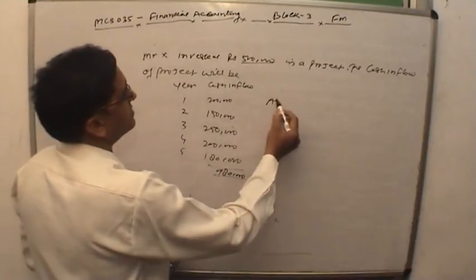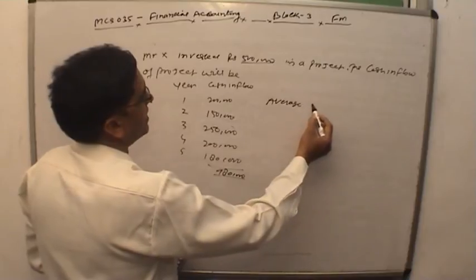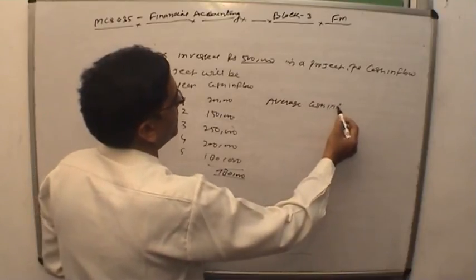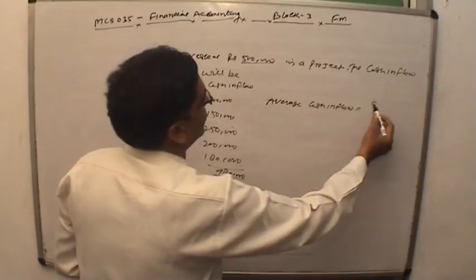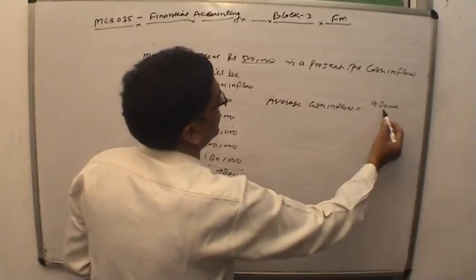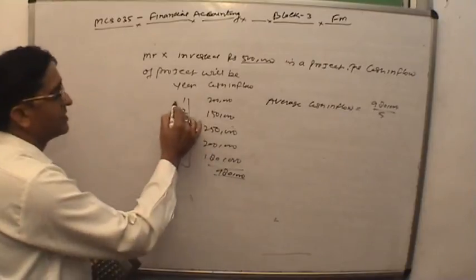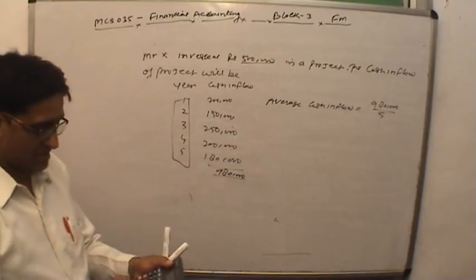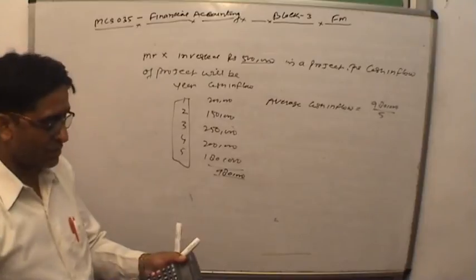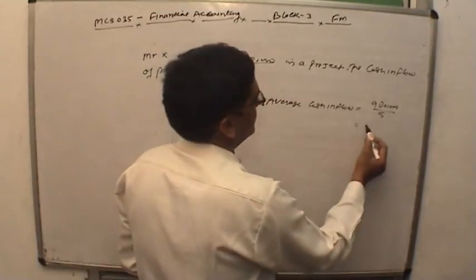So average cash inflow equals 9 lakh 80,000 divided by 5 years, because this is the sum of 5 years, which is equal to 1 lakh 96,000.